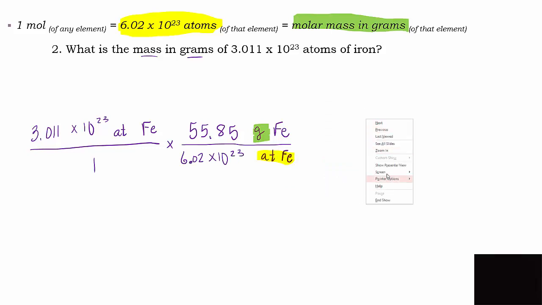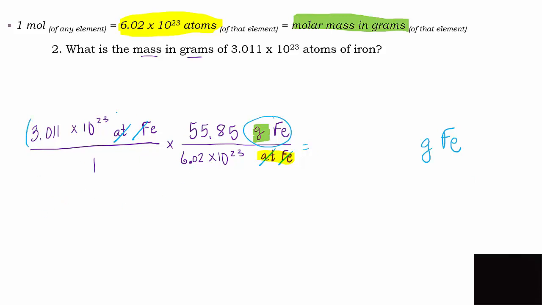Okay, we are going to cancel the units that cancel to make sure that we set this up properly. I'm going to use blue. Atoms of iron, atoms of iron. Good. The unit left over is grams of iron. All right. So we are going to calculate this number. We're going to multiply the numbers across the top and divide by the bottom.